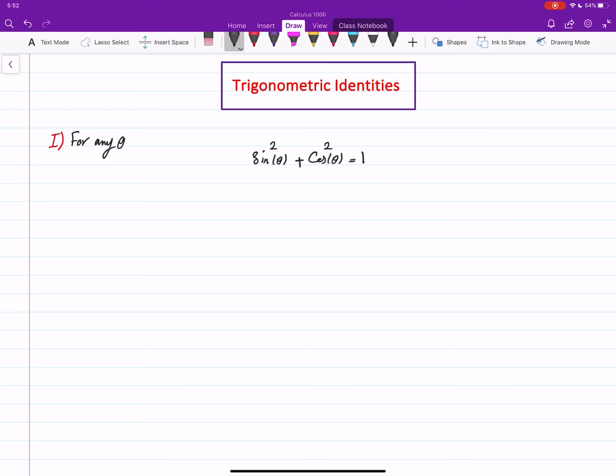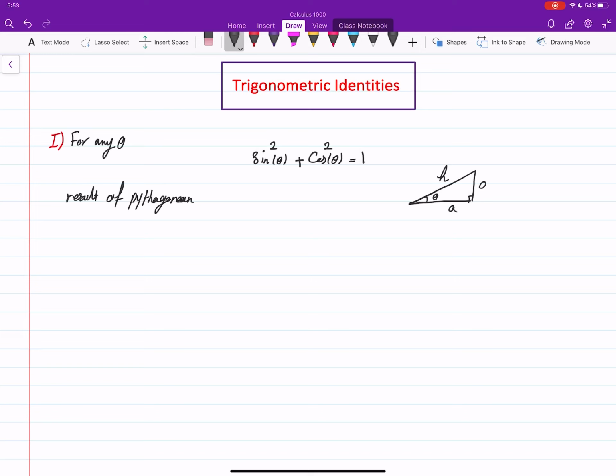Well, this is an easy result of the Pythagorean theorem. And the reason for that, I can show you at least for the acute angle right away here. This is theta, this is the right angle, then this is opposite, this is adjacent, this is hypotenuse.